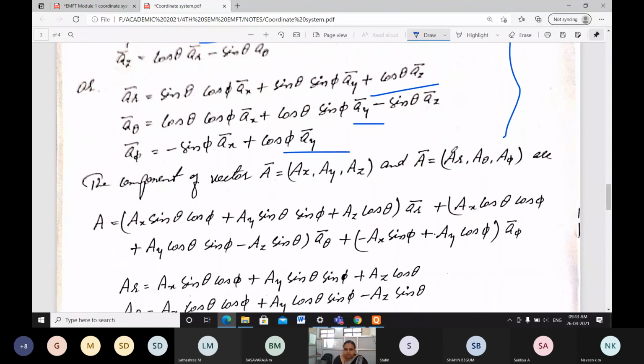Then the components of a vector A, which is Ax, Ay, Az in terms of Cartesian, and Ar, A theta, A phi in terms of spherical.